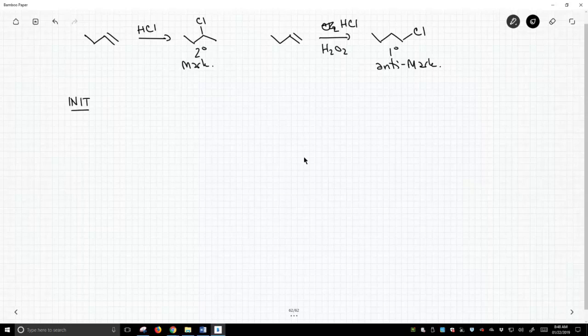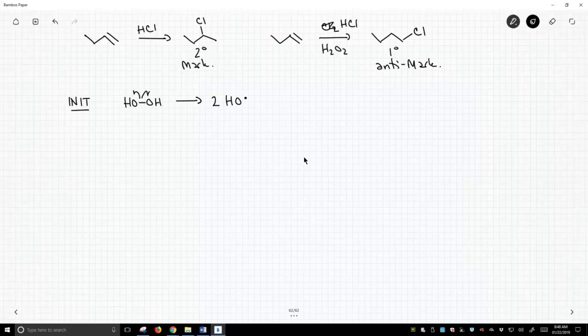We have an initiation step. Our initiation step is going to start with hydrogen peroxide. And that hydrogen peroxide, even at room temperature, begins to decompose, and we form two hydroxyl radicals. Hydroxyl radicals are incredibly highly reactive.